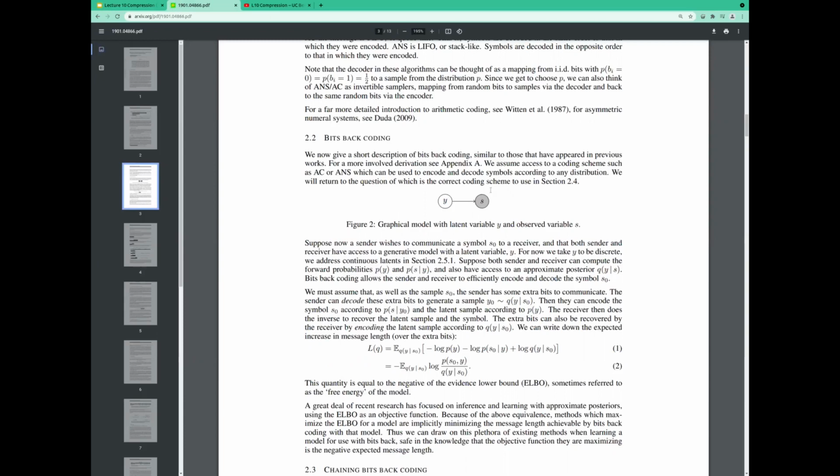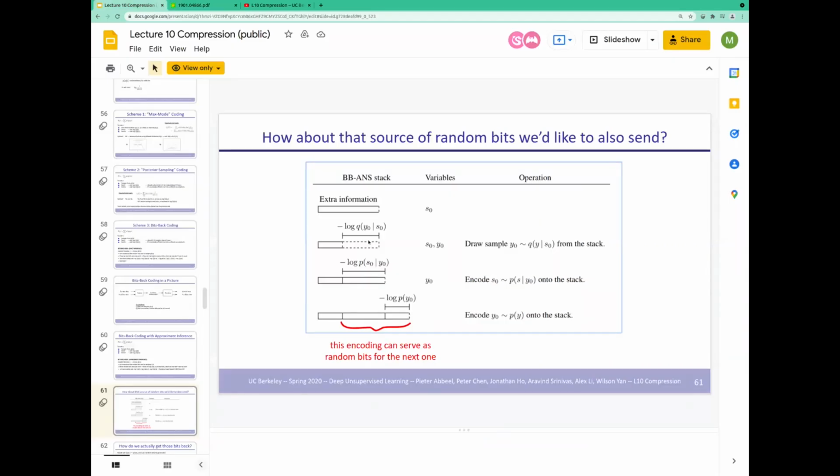This is the one that we're encoding, that we see, and Y is the latent variable or latent representation. So we use up a little bit of the bits to sample. That usage gives us the distribution to use. Here Y naught is the latent representation given the symbol S naught that we're trying to encode.